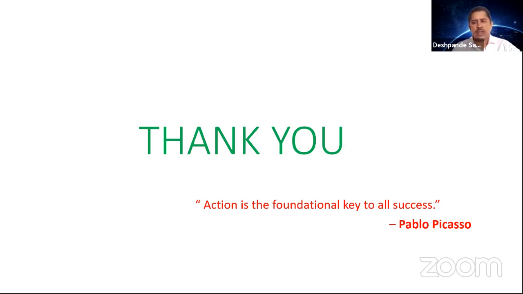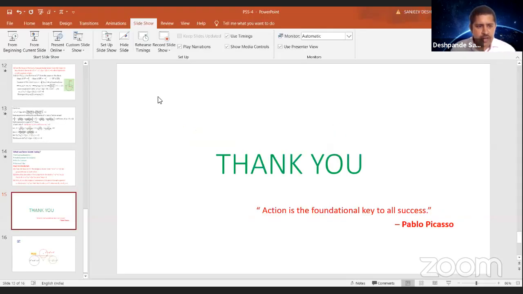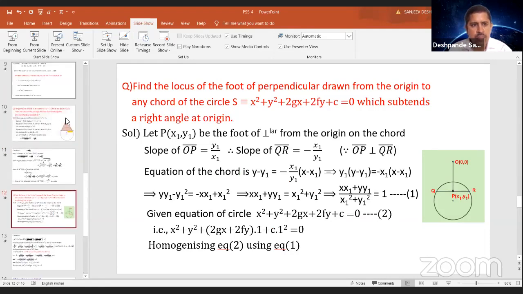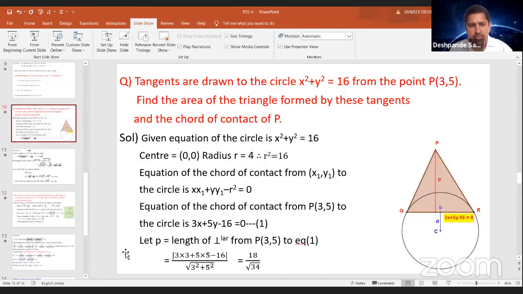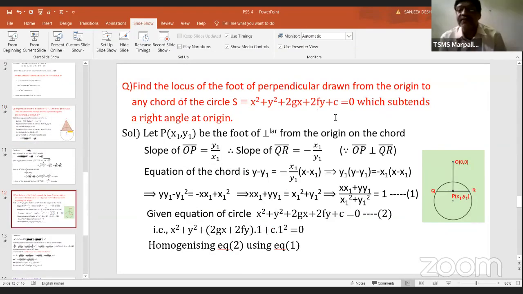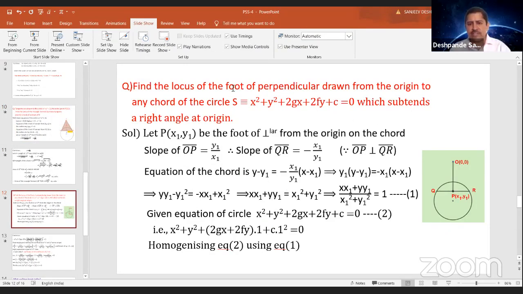Second question, it is about why we should draw a perpendicular to the chord. I think this is the same problem, from the origin. Yes, because of the foot of the perpendicular.